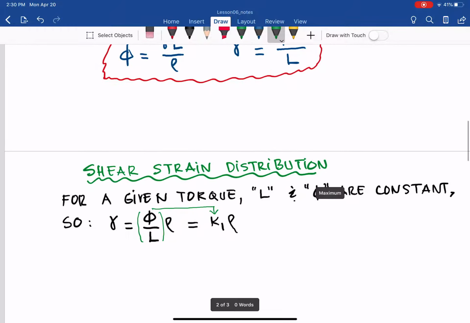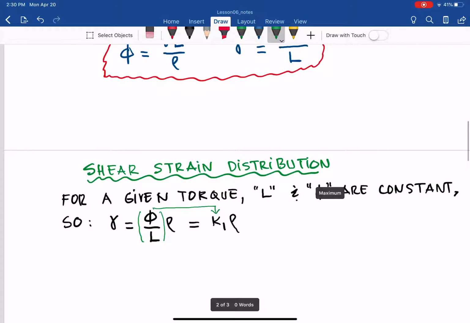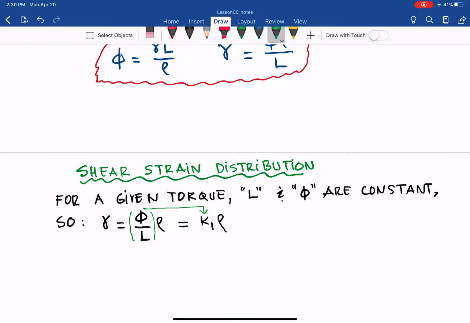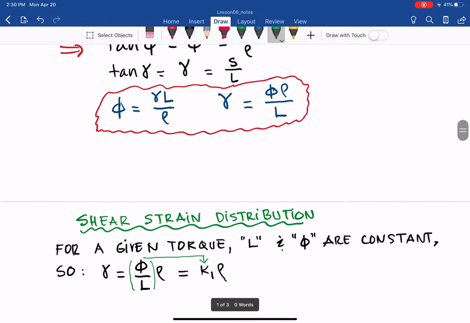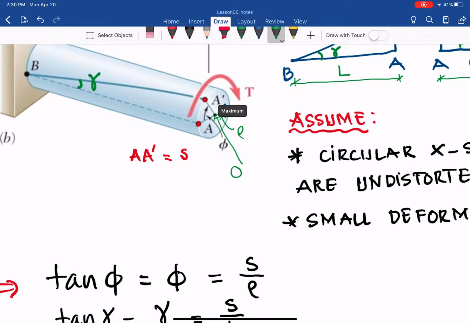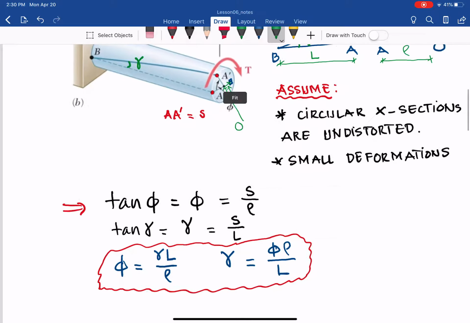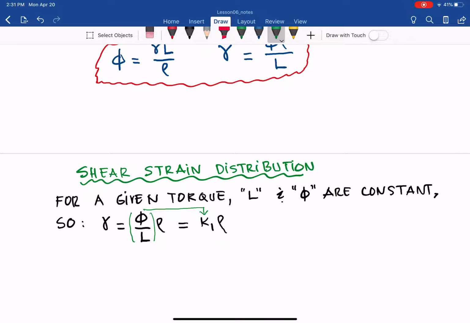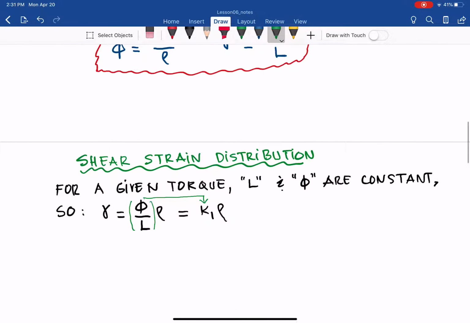So what does that mean? φ is constant, L is constant, so K1, that ratio, is also constant. So γ equals a constant times ρ. ρ is changing from the center to the whole radius of the circular cross section, so the shear strain changes depending on ρ. So basically, ρ and γ are linearly proportional.